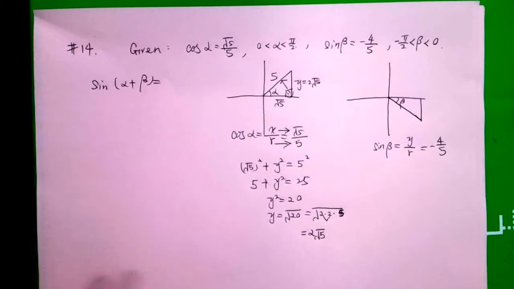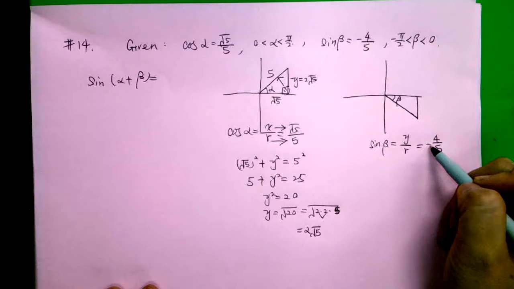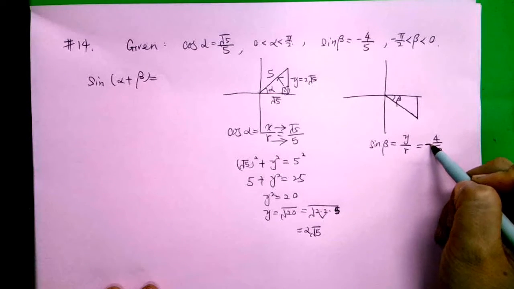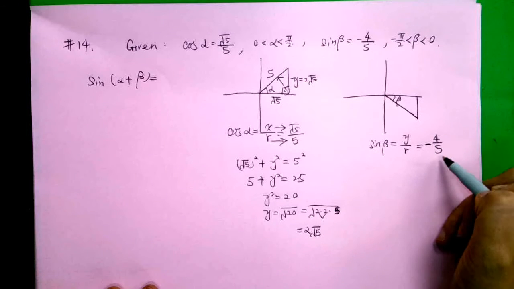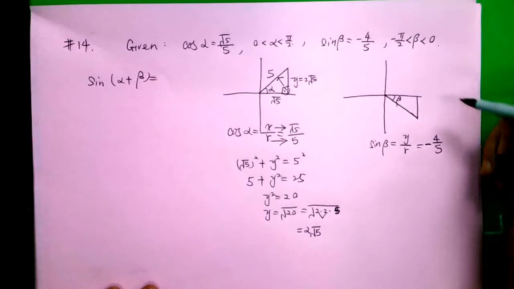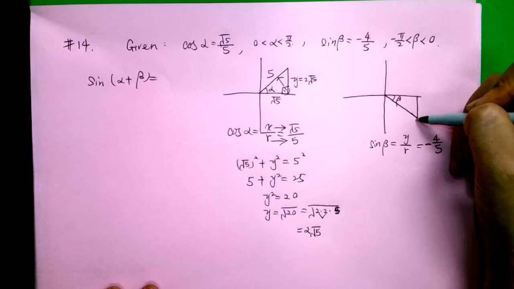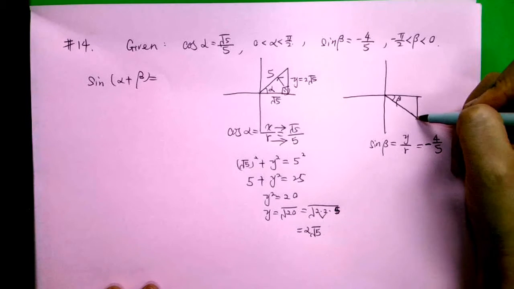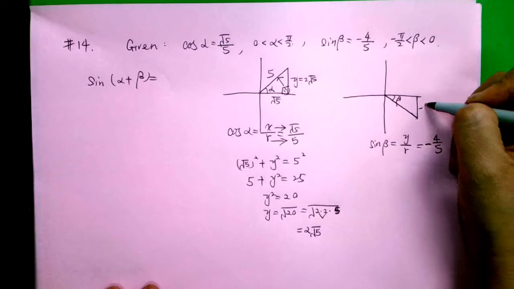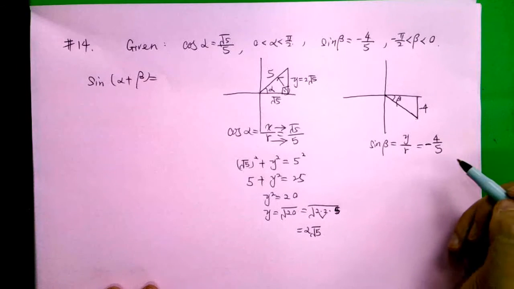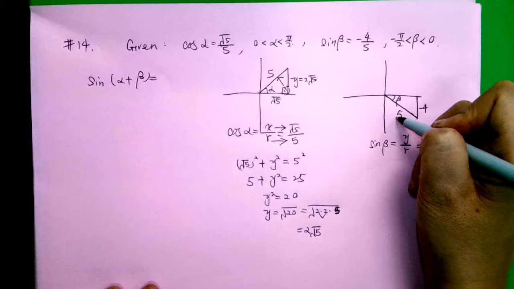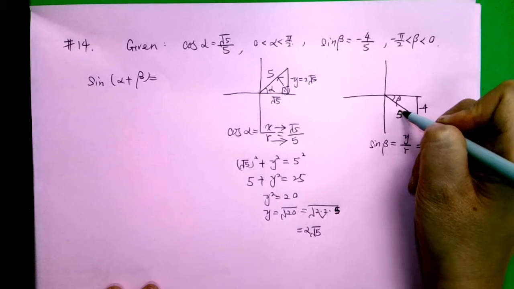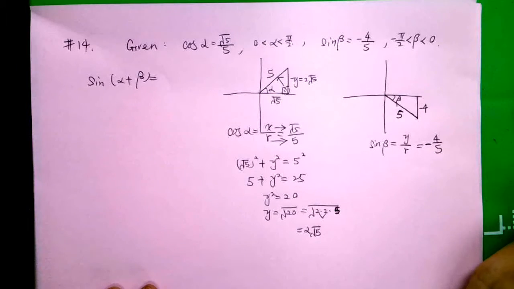The important part is you have to decide where to put the negative sign. Should I have negative 4 over 5, or 4 over negative 5? Because this is the negative side of the y-axis, the y value has to be negative, so this is negative 4. And your radius is always positive, because the radius is a length, and distance between 2 points has to be positive.